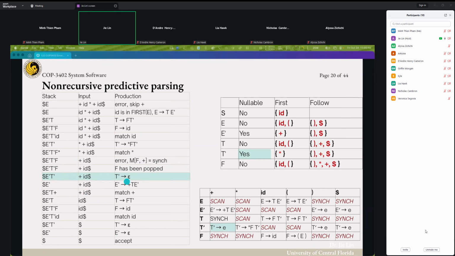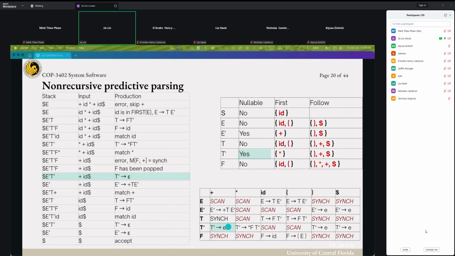So what do we have here? T prime is the one we are working on, on top of the stack. And lookahead is the plus symbol. Just by consulting this table, we know T prime is nullable. But nullable does not make complete sense.